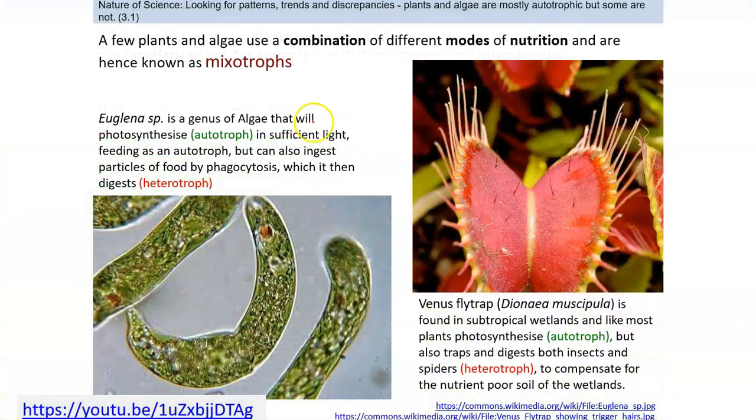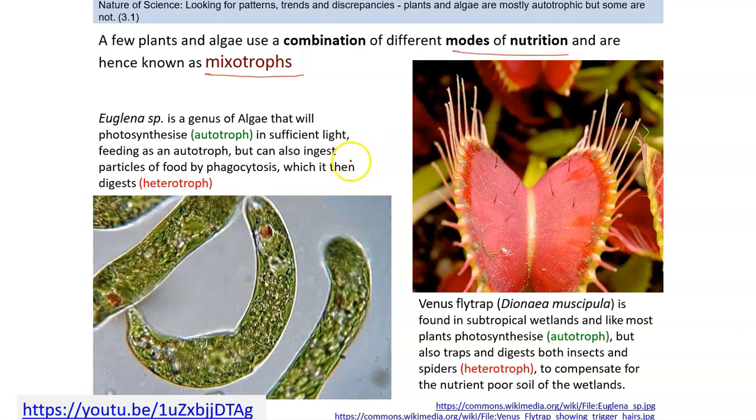There are some examples related to these autotroph and heterotroph samples. What are these examples? A few plants and algae use a combination of different modes of nutrition. So we call them mixotrophs because they are using a combination of autotrophism and heterotrophism.